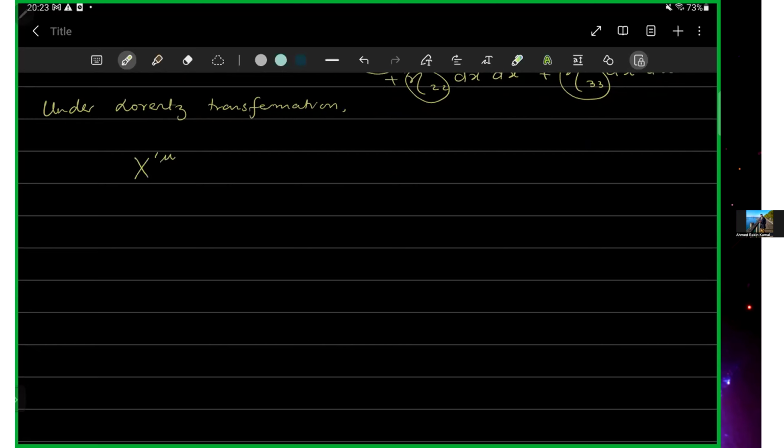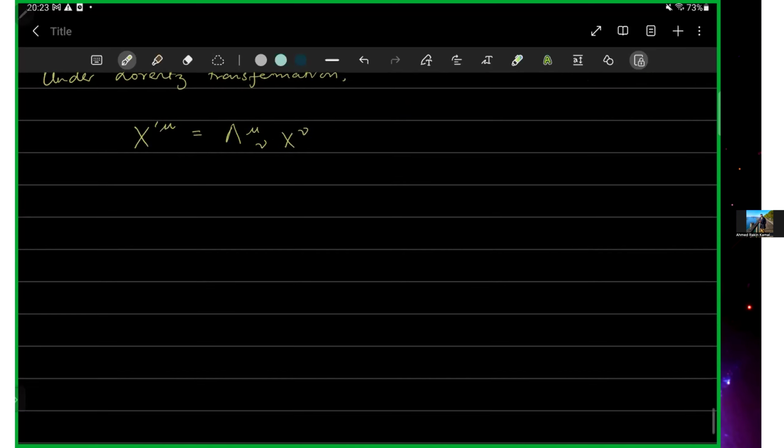So let me write that as x prime mu. Remember, the prime just denotes that it's been transformed by the Lorentz transformation. And we can write the Lorentz transformation matrix in the following way. So in tensorial form, this is basically your Lorentz transformed 4-vector, right?